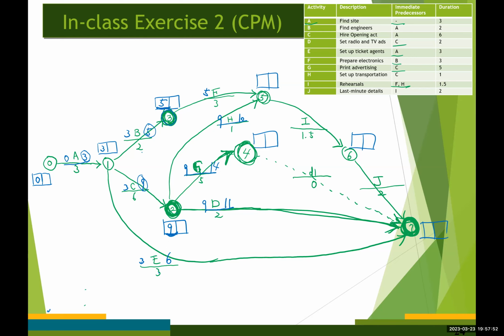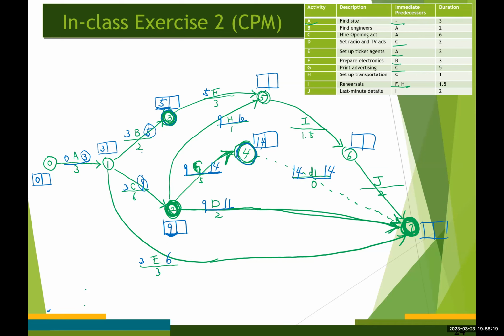So here, the earliest time for event number 4 is going to be 14, right? So the earliest start time for the dummy activity is going to be 14. Earliest finish time is going to be 14 as well, right?